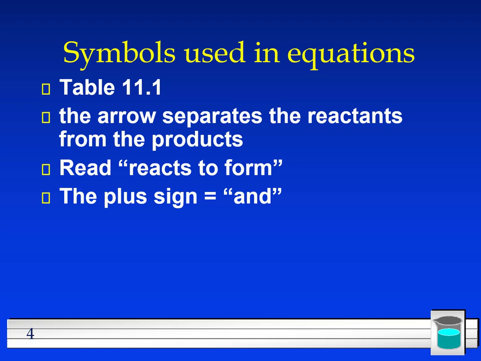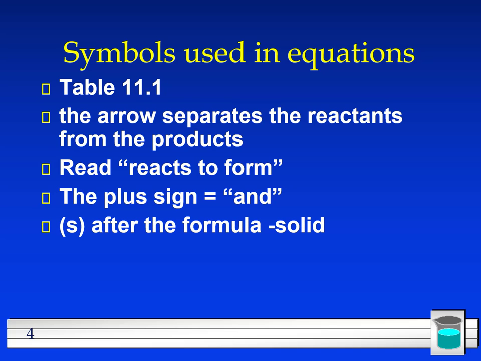Our nouns are going to be the chemicals. Either their name or their formula, they're still nouns. They're things, right? We can modify those nouns by describing them a little bit. And those words are adjectives. So here are the adjectives we're going to use. If I put a little lowercase s in parentheses after the formula, that tells me that stuff is a solid.